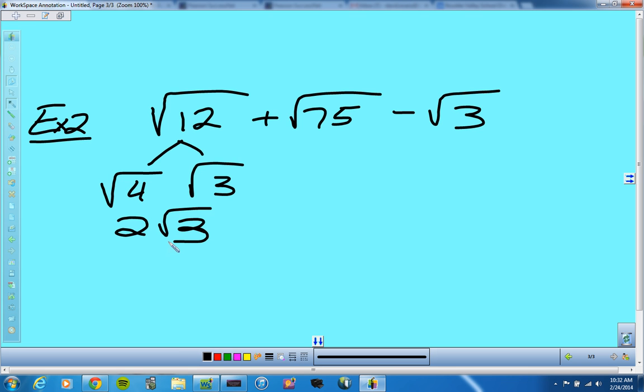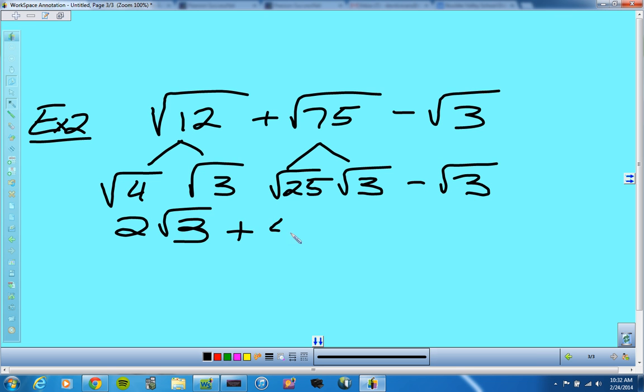All right, how about 75? Square root of 25 and 3. So we're getting those numbers from the list of perfect squares, right? 25 divides into 75. So 25 and 3. And this one's already done. So it becomes plus 5 square root of 3 minus square root of 3.